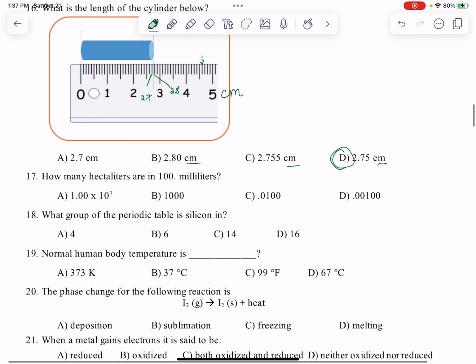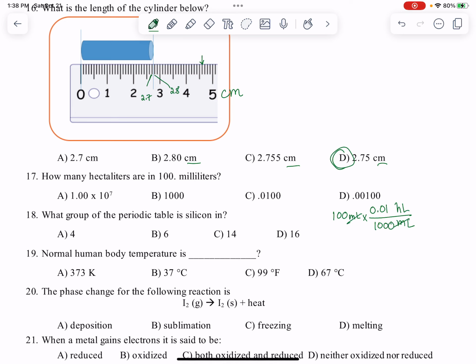How many hectoliters are in 100 milliliters? This is remembering those unit conversions, either memorized or you've got the mnemonic memorized. I'm starting with 100 milliliters. I have to convert it, cancel the milliliters, convert it to hectoliters. Hectoliters is a tenth, and that's 1,000.